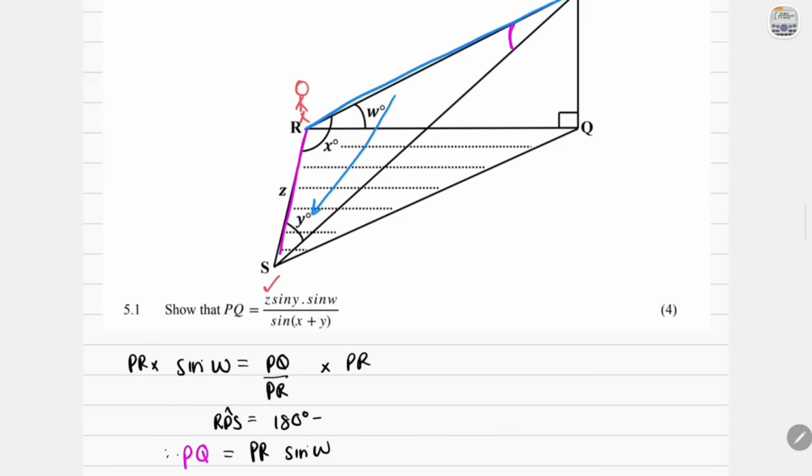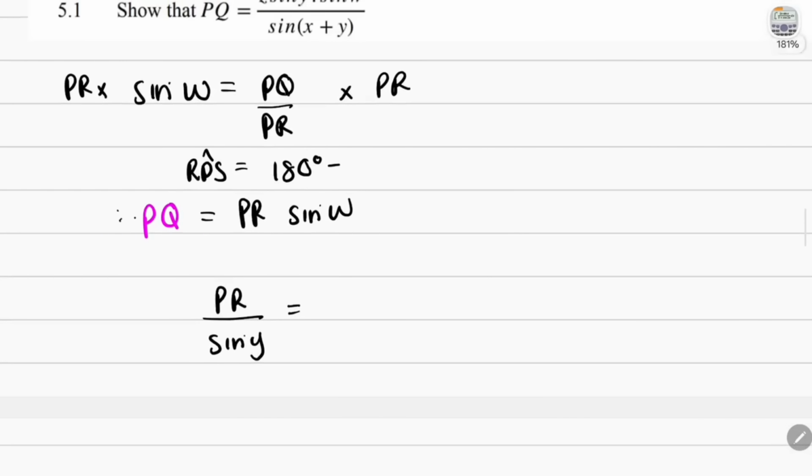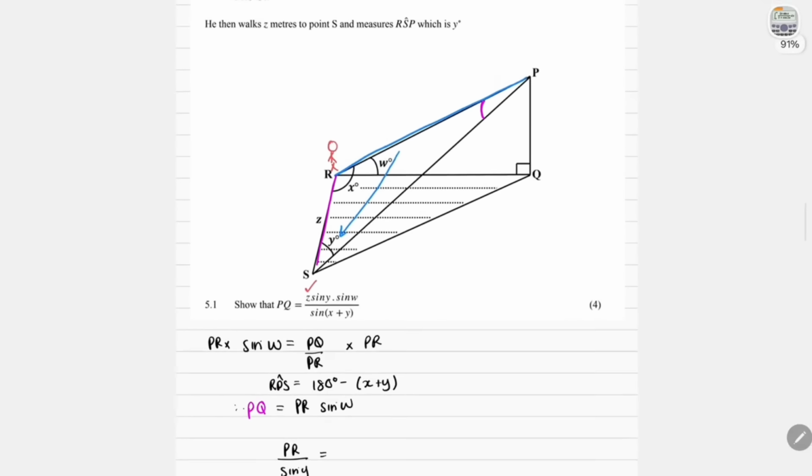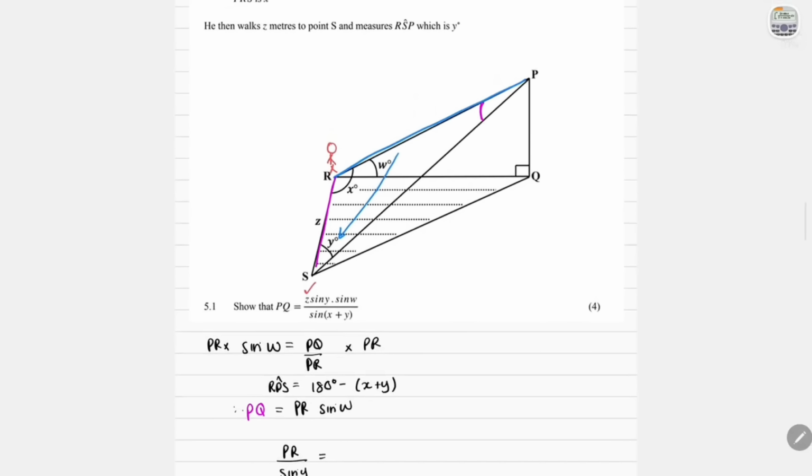So we're going to say 180 degrees minus (X plus Y). And so PR over sine Y is equal to this side, RS, which is Z, over sine of this angle, which is 180 degrees minus (X plus Y).